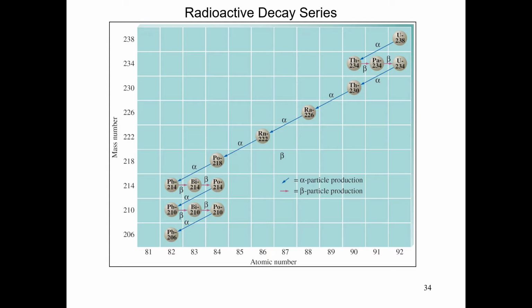You can see here. So we would say that the uranium-238 is the parent, and then we could say that for any one of those steps, the product is the daughter nuclide, or we could say that the whole series ends up in lead-206 as being the daughter nuclide.